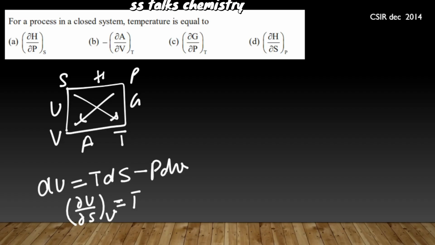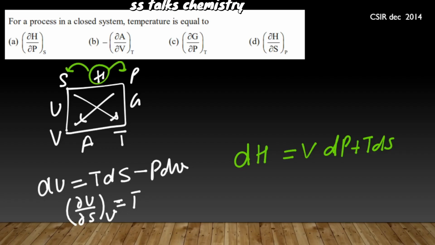But you can see that in terms of internal energy, none of the options has been given to us. So one more way: we can write the enthalpy expression, which is VdP plus TdS. This is the expression we have, because dH depends upon the entropy and the pressure. In front of the pressure there is the volume term, so it is positive, and for dS the opposite is the temperature, so plus TdS.